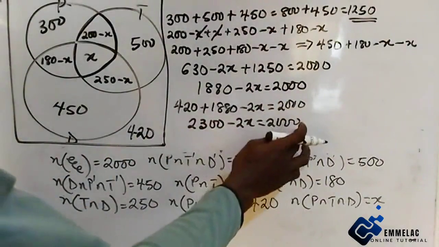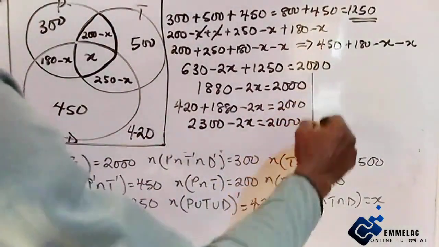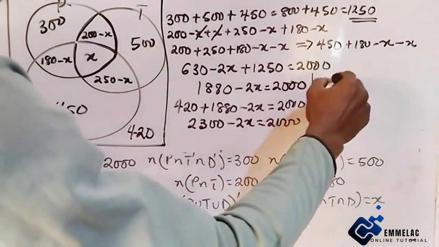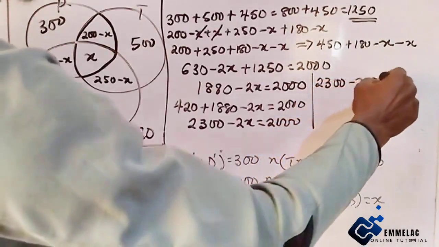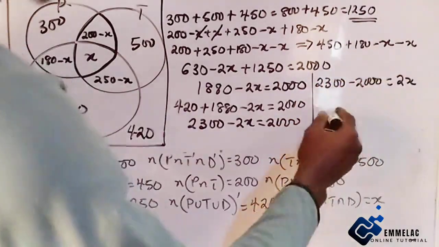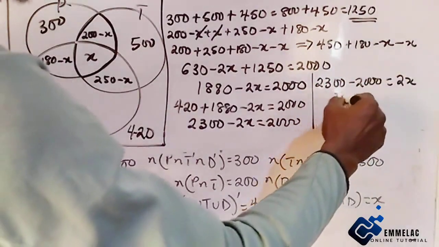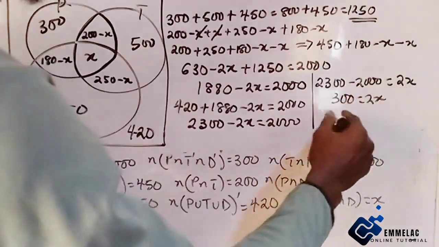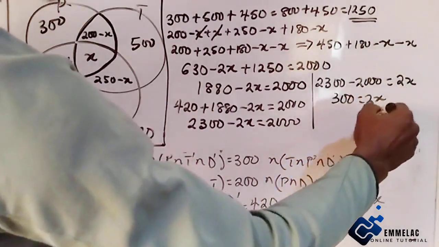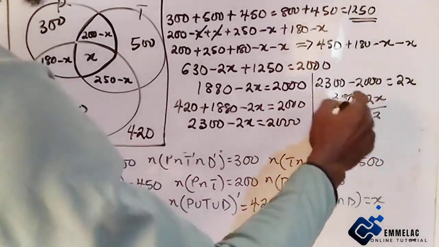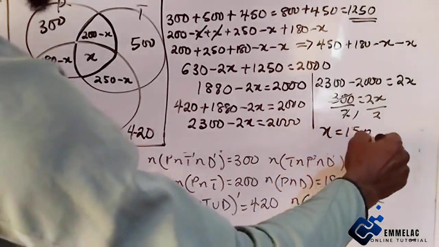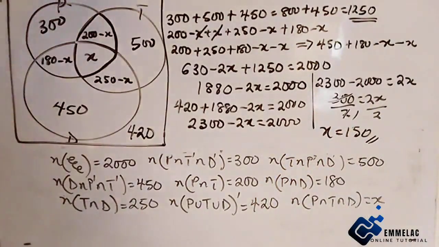Transposing this over to the right hand side, we have 2300 minus 2000 equals 2X. So we have 300 equals 2X. Dividing both sides by 2, our X will be 150. So we have ascertained that X here is 150.